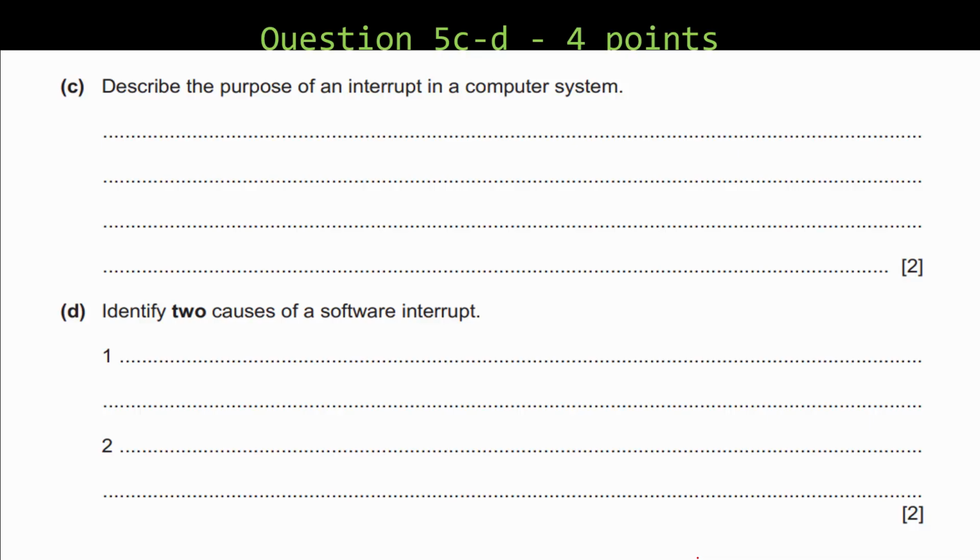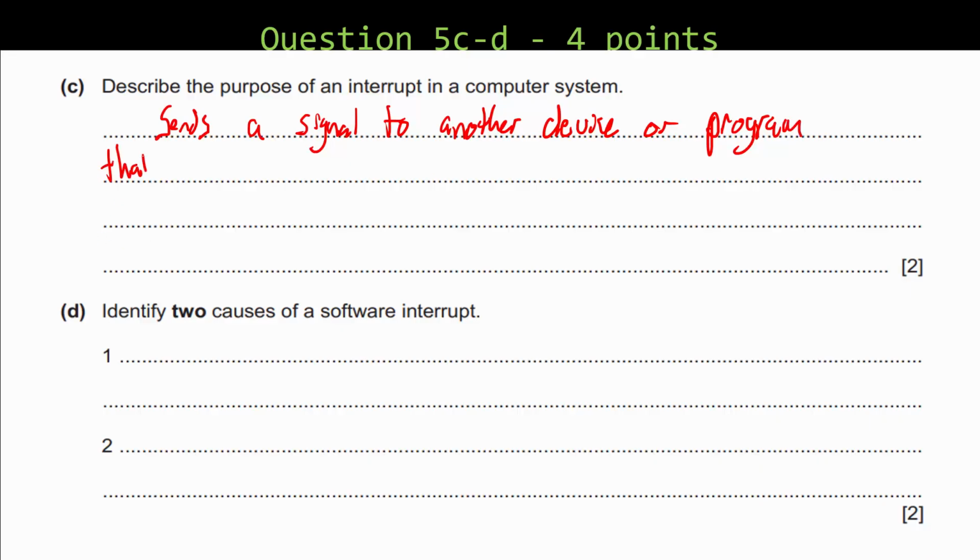Describe the purpose of an interrupt in a computer system. What that does is it sends a signal to another device, our program running. When we have a program running, we call that a process.